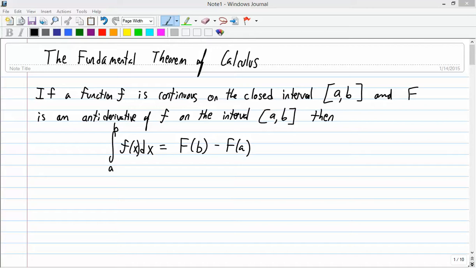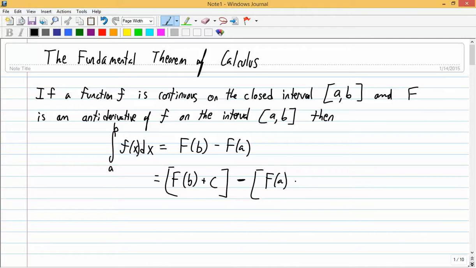But remember, whenever you do a definite integral, you don't have to put plus c, the constant of integration. If it just hurts you not to put plus c, and you're wondering why you don't have to, well, whenever I evaluate that upper limit, I have plus c, and then I say minus, and I evaluate that lower limit, I have plus c.